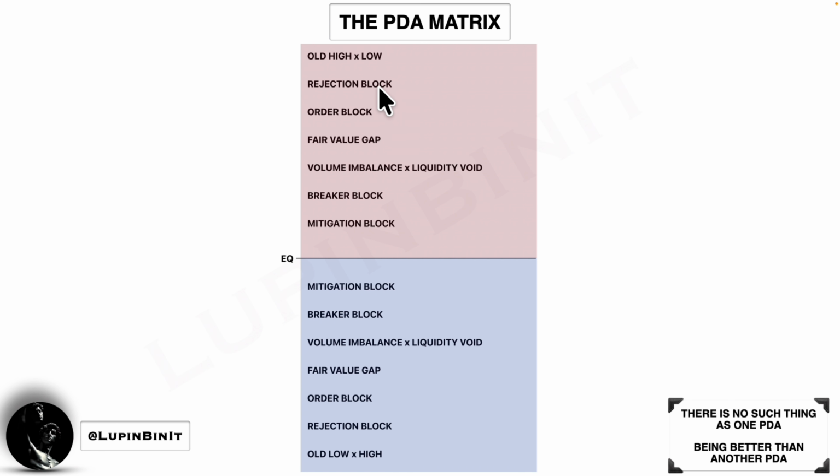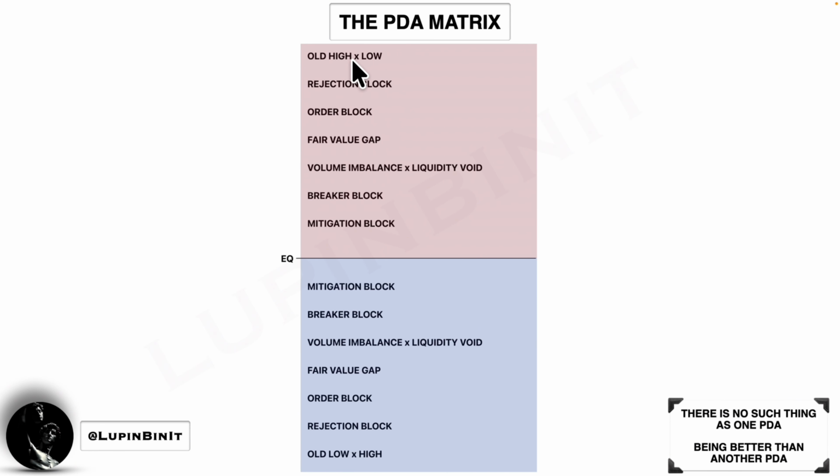Taking a look at the PDA array matrix, it's important to take note of the fact that this is a very strict order in which these PDA arrays are laid out. Starting at the top, these would be referred to as premium arrays because they're located above an equilibrium. As we know, anything above an equilibrium we can deem as a premium, and anything below an equilibrium we can deem as discount.